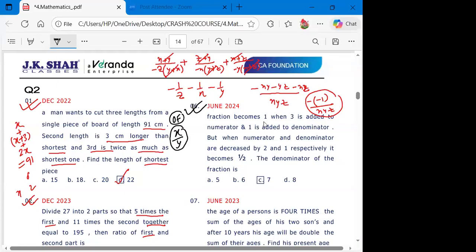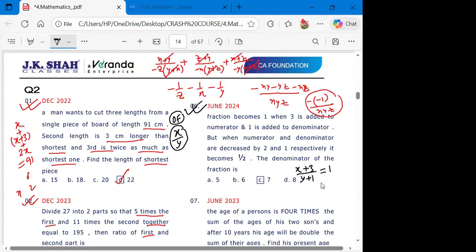Now, they are saying the fraction becomes 1 when 3 is added to the numerator. It means it will become x plus 3, and 1 is added to the denominator, that is, it becomes y plus 1, and they are saying it becomes 1. Understood?